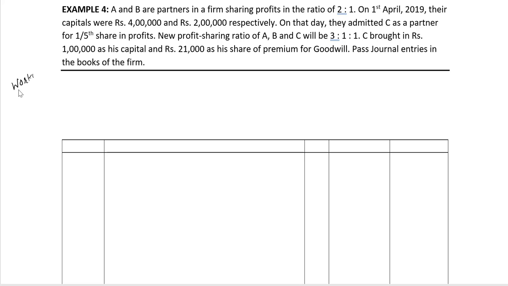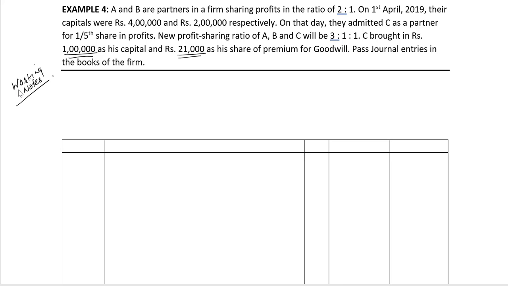Working notes. We have information that the capital brought in by C is rupees 1 lakh and his share of premium for goodwill is rupees 21,000.